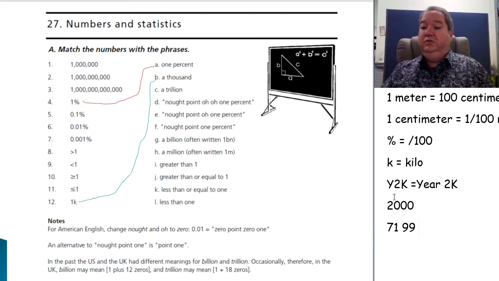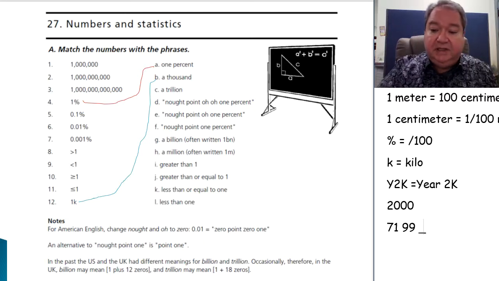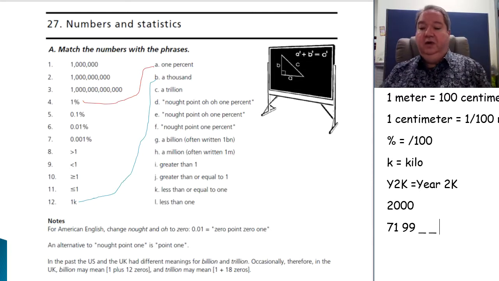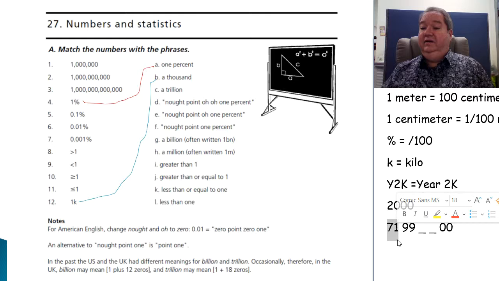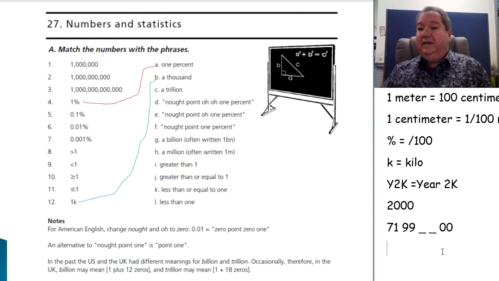There were only 2 places, 2 spaces for the year. So if the year was 00, then things that happened in, say, 71, and then the year changed to 00, that was going to completely mess up dates and accounting and all sorts of data in computer systems.